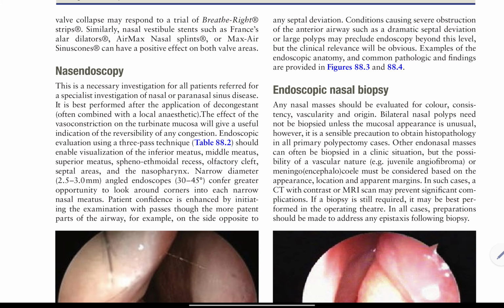Conditions causing severe obstruction of the anterior airway, such as a dramatic septal deviation or large polyps, may preclude endoscopy beyond this level, but the clinical relevance will be obvious. Examples of the endoscopic anatomy and common pathologic findings are provided in Figures 88.3 and 88.4.